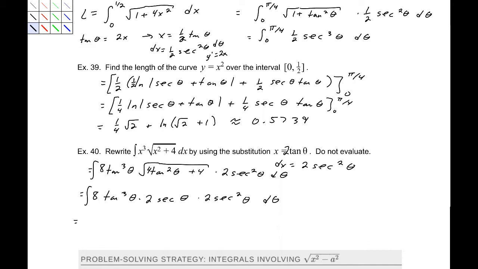So we have the integral of, that will be 32, we have a tangent cubed theta, and then we have a secant cubed theta d theta.